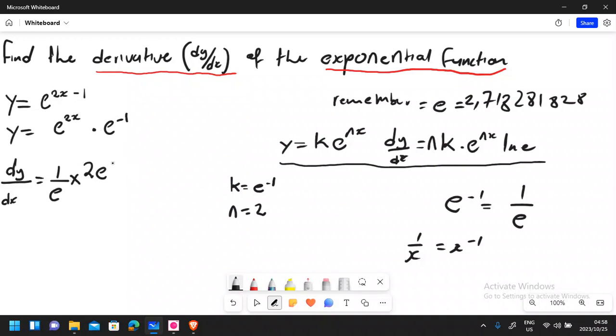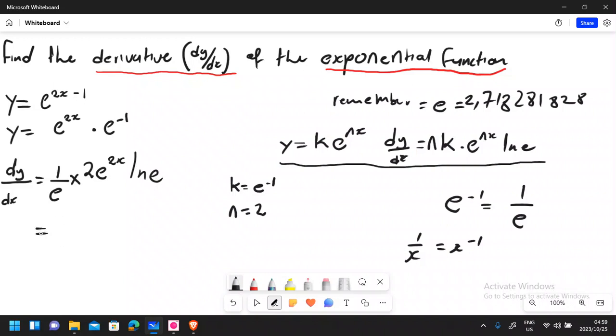Remember, you're going to write it like 2x. This is the one that we're differentiating, guys. 2x. Don't write 2x minus 1. Remember, the -1 is here, so it's no longer there. And then we say natural log e.